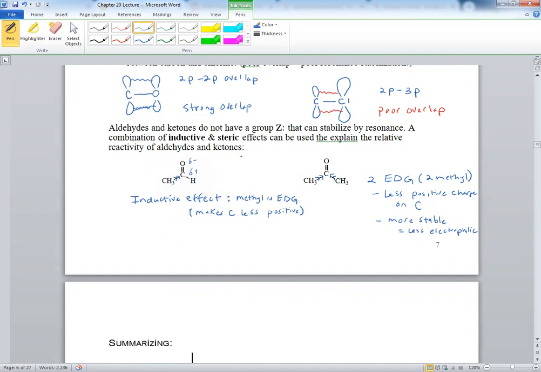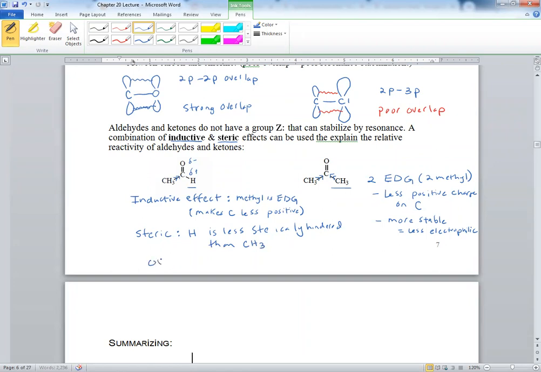There's also another, so this is inductive, the EDGs, electron donating groups. Now we have sterics. Now what we have here is we have an H and we have a methyl if we keep the acyl group. So you know that the hydrogen is a smaller atom. So in terms of steric, H is less sterically hindered than the methyl.